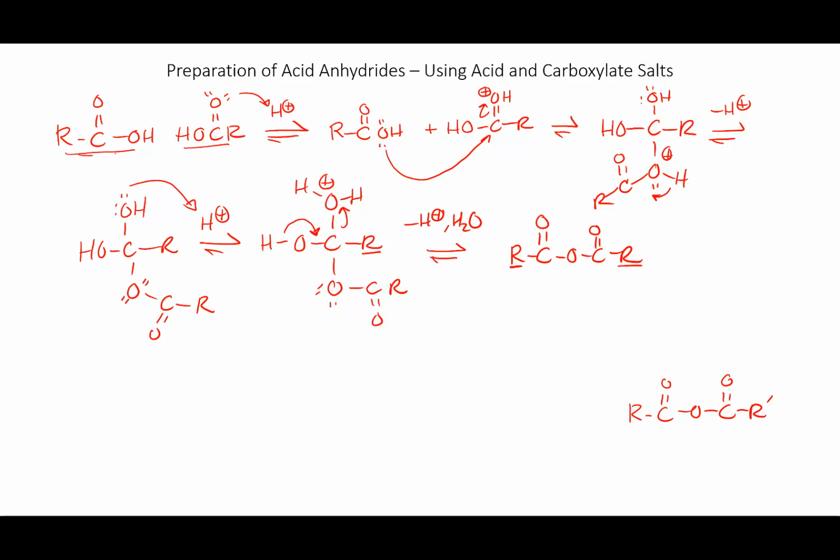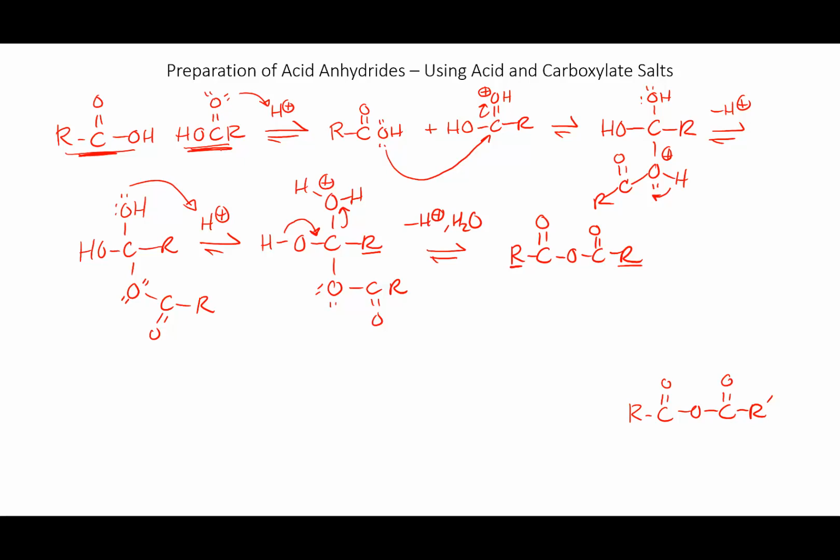You would get two of this carboxylic acid forming an anhydride, two of this carboxylic acid forming an anhydride, and then you would get the mixed. So you would end up with about 1/3 of the mixture being the mixed carboxylic acid anhydride.